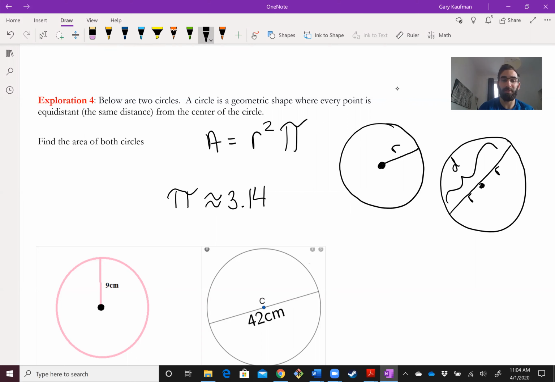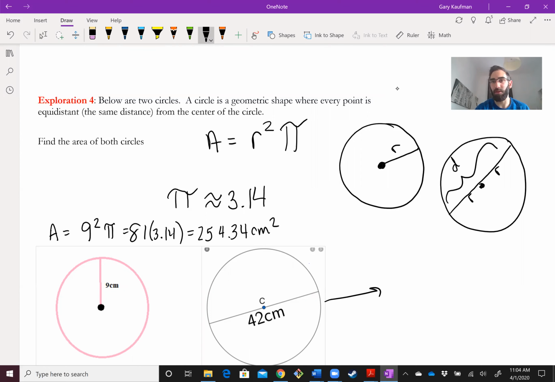So the first one, we already have the radius. So the area is equivalent to 9 squared times pi. So that's 81 multiplied by, we're using 3.14. And therefore we get 254.34 centimeters squared. Now for here, we have the diameter.